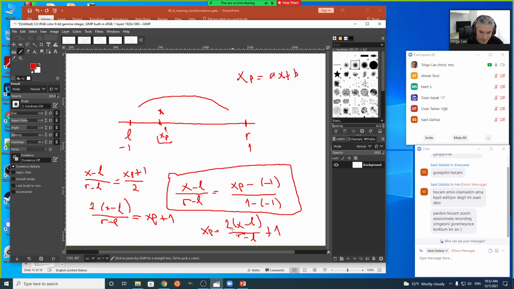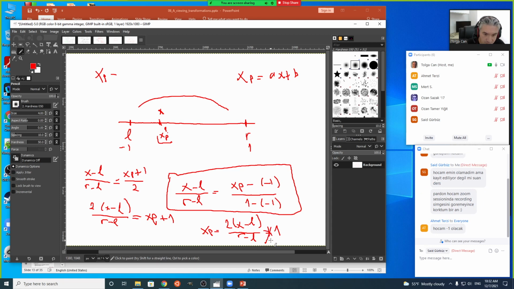With the coefficients of x, as you can see, 2 divided by R minus L, right? Oh yeah, thank you, this is going to be minus 1. Okay, thanks a lot for that. So the coefficient of x: XP is equal to 2 divided by R minus L times x.